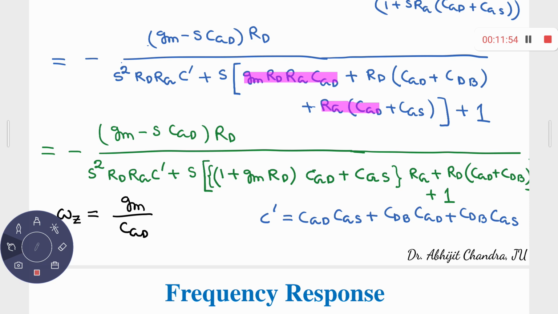Now suppose given that expression, you are asked to draw the frequency response as a function of frequency. Will it be easier for you?